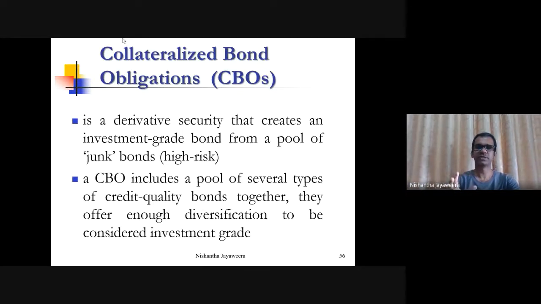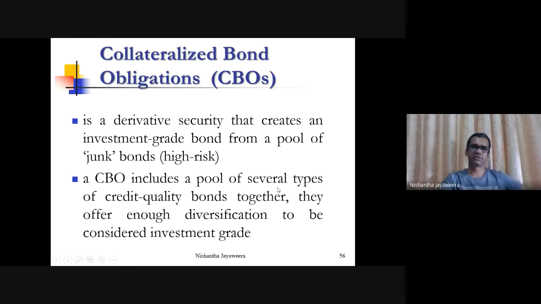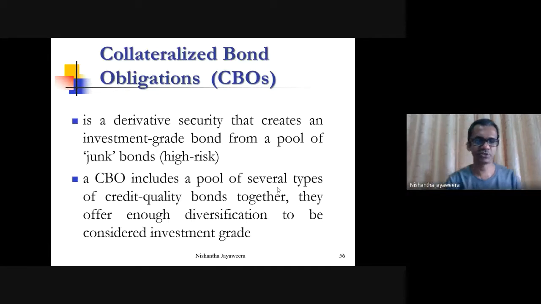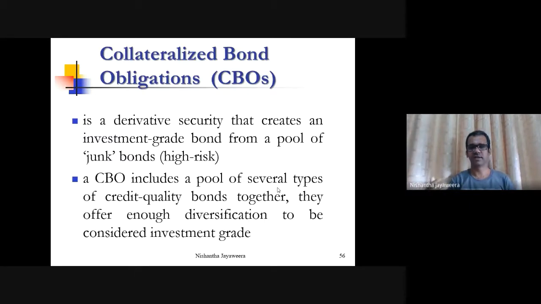Especially investment houses or institutions like provident funds, pension funds, or insurance companies, they are going for high returns. So they would like to get exposure to these types of products, and they tend to buy them.